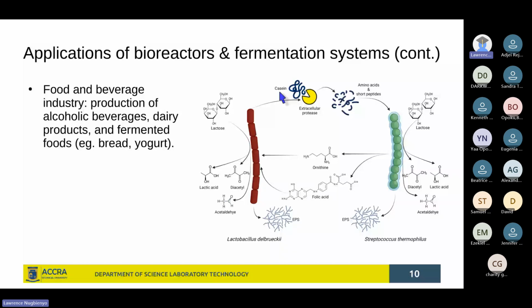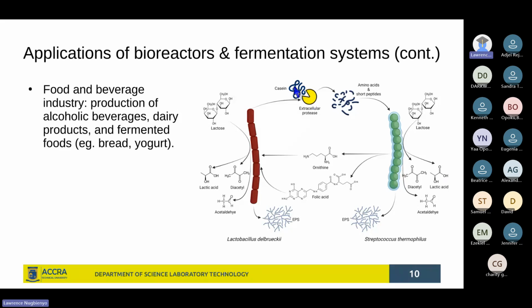But this process of the lactose broken down into lactic acid is occurring within the organism, within the lactobacillus. The lactobacillus also can release some extracellular proteases which will act on proteins, say the milk protein, casein.